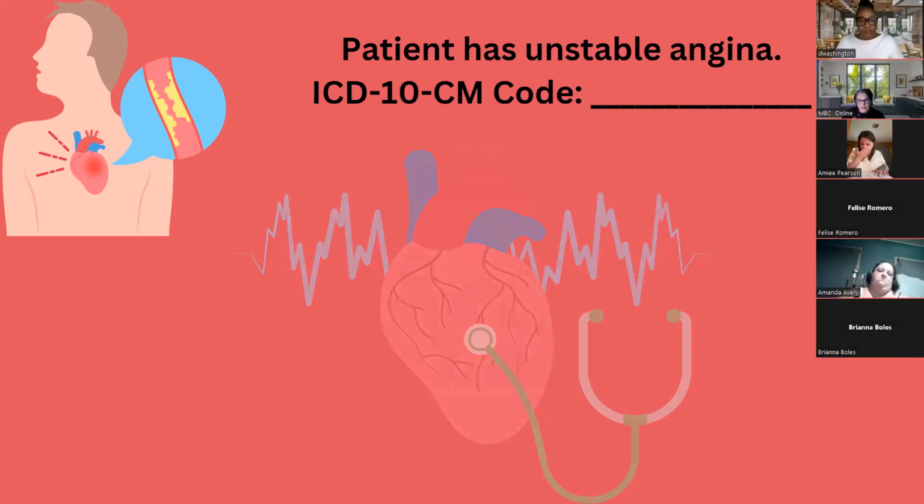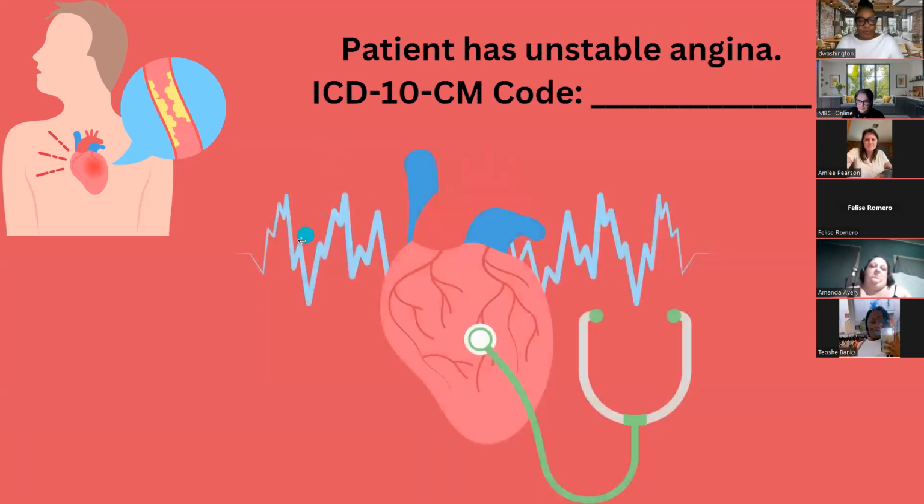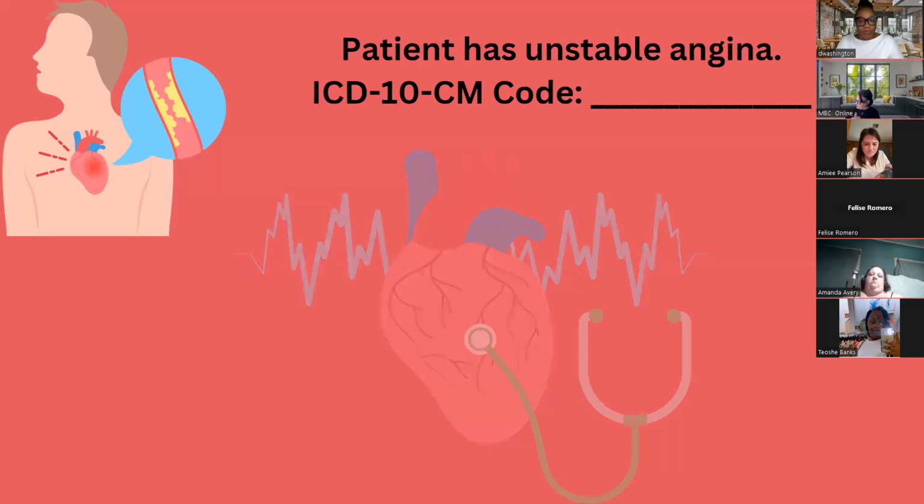I tell you what, we're going to time it. It's going to be a race. All students who are available, please look it up. I looked it up on Google and it says I20.0 for unstable angina. I'm getting I20.0. That's right.